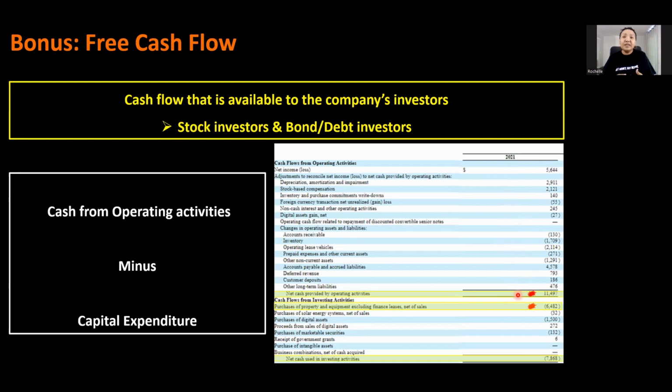But a company, and this is very important, you can't stop at that line. A company cannot continue operating if they do not reinvest in plant and equipment. Why? Plant and equipment has a limited useful life.